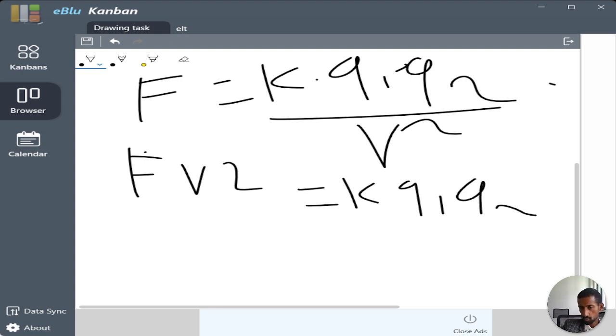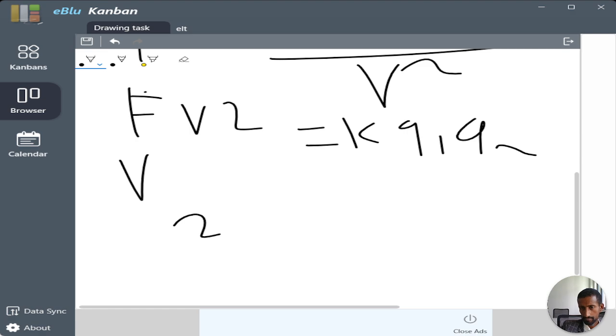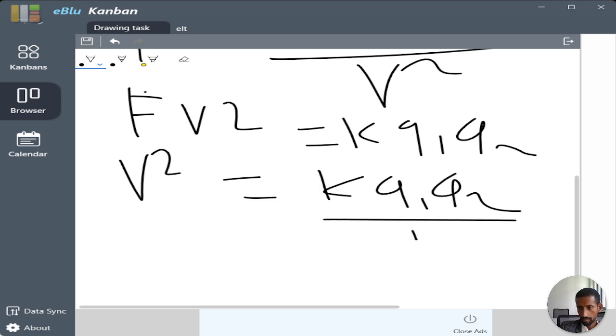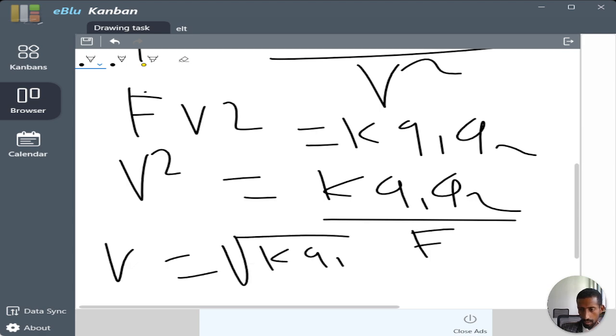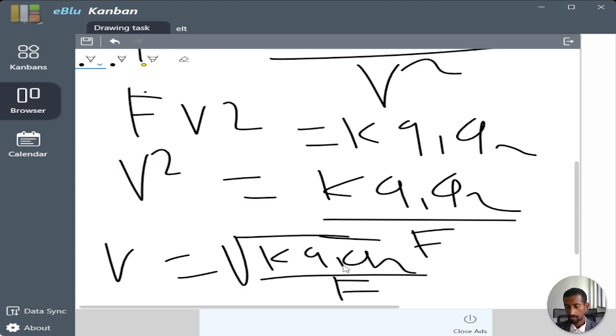So let's divide both sides by F. So R square is equal to K Q1 Q2 over F. So R is equal to the square root of K Q1 Q2 over F. Q1 is 26 microcoulomb, Q2 is negative 47 microcoulomb, and F is 5.7 Newton.